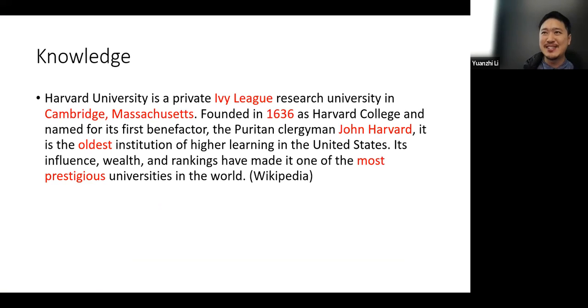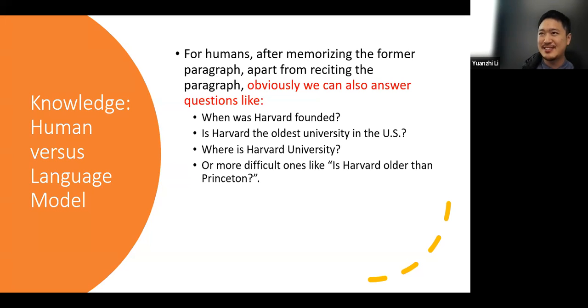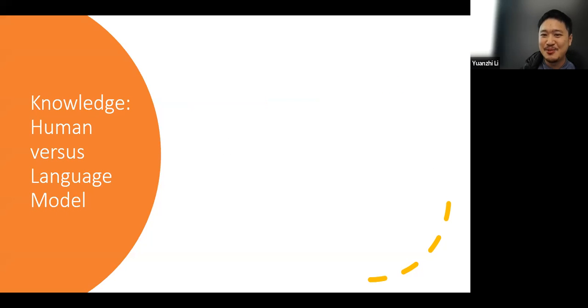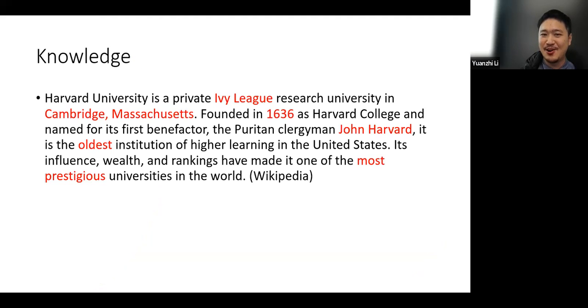If you recite the document with 100% accuracy, you should be able to answer those questions with 100% accuracy as well. And more importantly, you can also answer questions that you can infer from the document. For example, is Harvard older than Princeton? The previous document says Harvard is the oldest university, and then you can infer from it that Harvard must be older than Princeton University. For a human, we can extract the knowledge and manipulate the knowledge after we recite this paragraph.